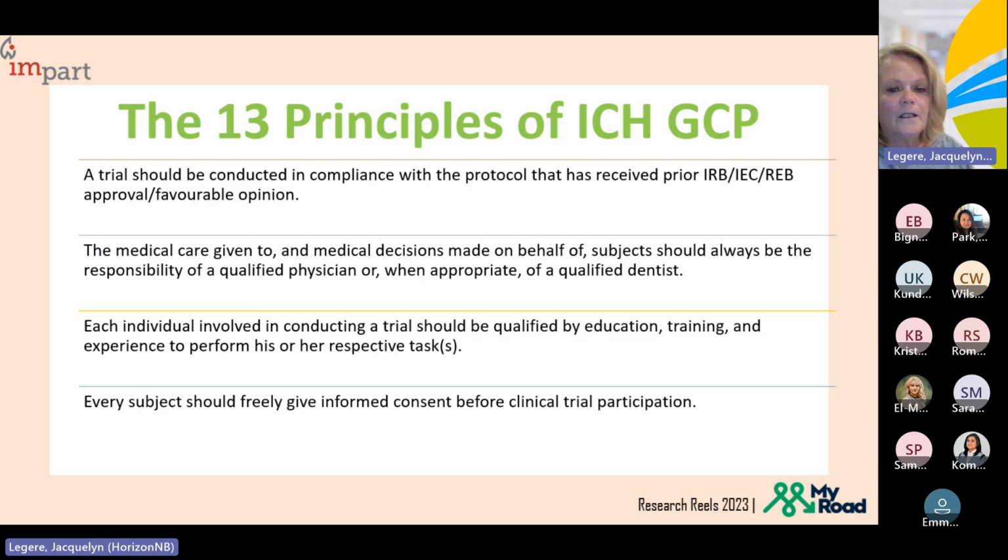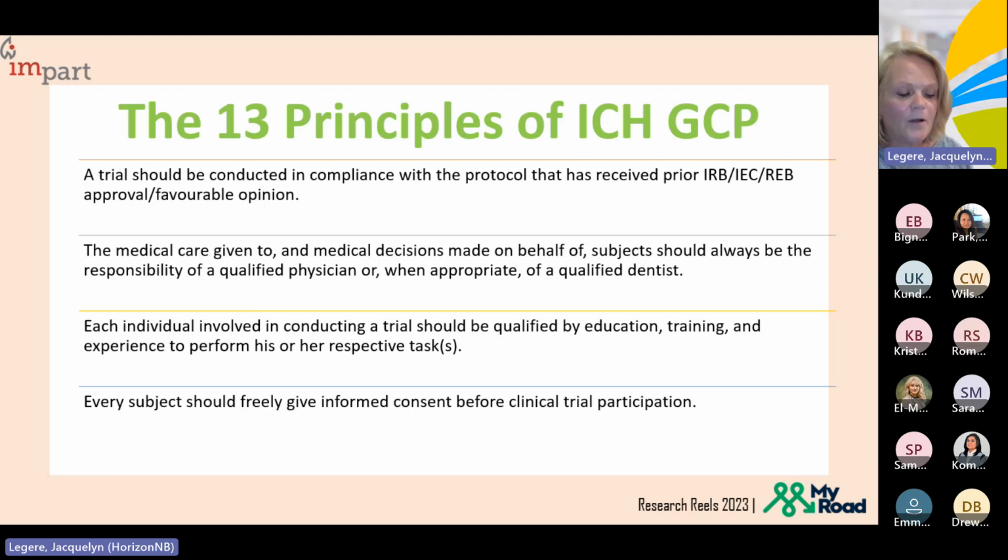Each individual involved in conducting trials should be qualified by education, qualifications, and experience to perform his or her respective tasks. This is a really important one because if you're involved in clinical research, training is one huge element that regulatory authorities like Health Canada will look at.